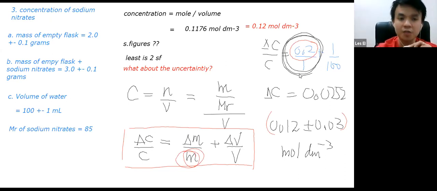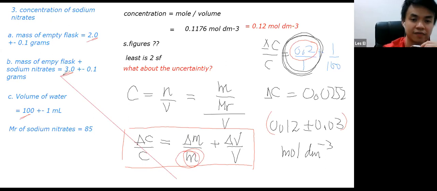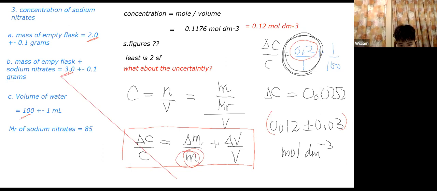Any of you have questions until here? How many significant figures are there in the list that you have? Two significant figures, okay. Then that's why your concentration answer has to be written in 2 significant figures.